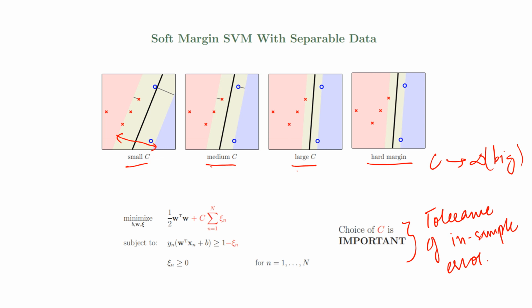So what exactly are we doing? We are basically, with the help of C, deciding how much to penalize margin violations, because these are margin violations, right? We are allowing these things to go inside the cushion. So how much to allow the violations is controlled by C.